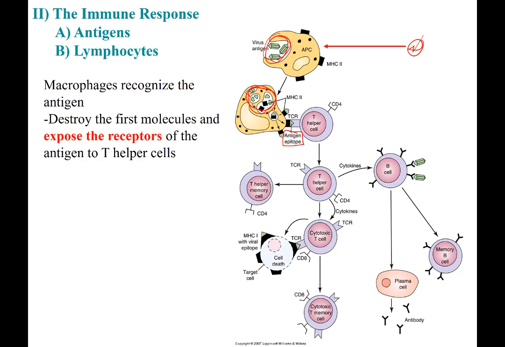They digest everything inside the macrophage, but they keep these little triangles, the epitopes, and then they push those epitopes onto the surface of their membrane. They basically present this to the rest of the immune system.